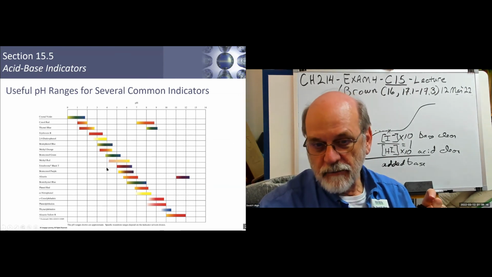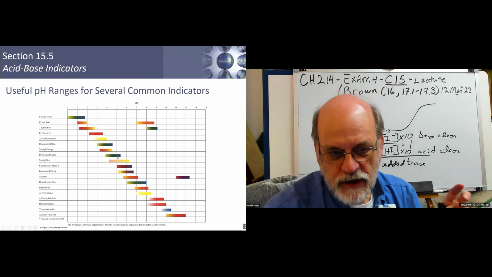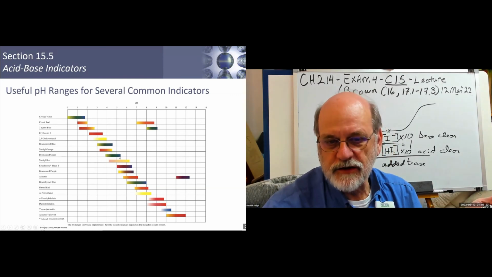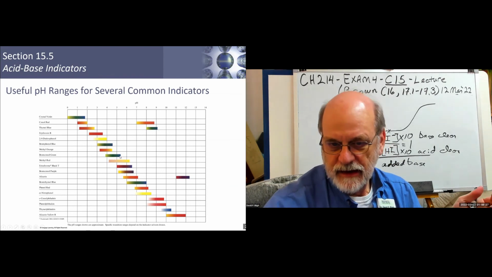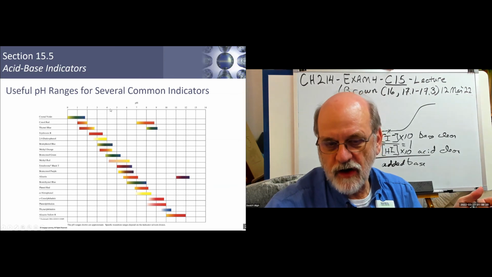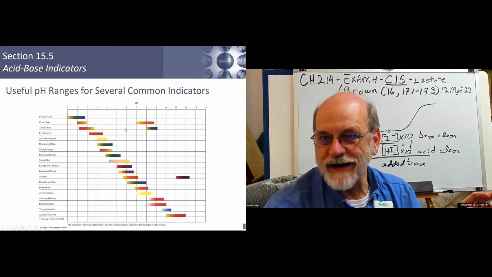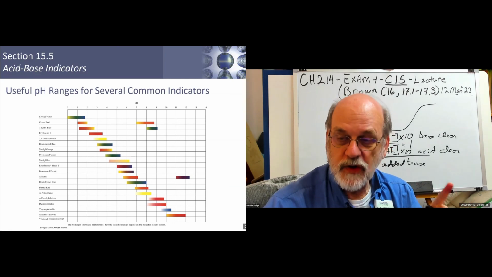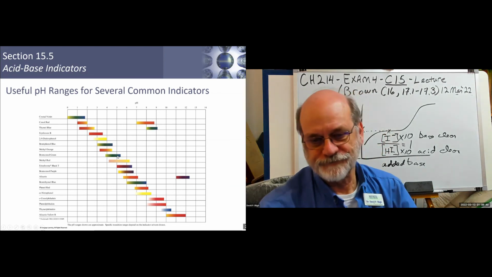So say we use bromocresol green. It changes from yellow to blue. It goes from yellow, green to blue. And that occurs over a range of just under 4 to about 5.5. So if the equivalence point for your reaction that you calculated is in that range, that's the one you use.